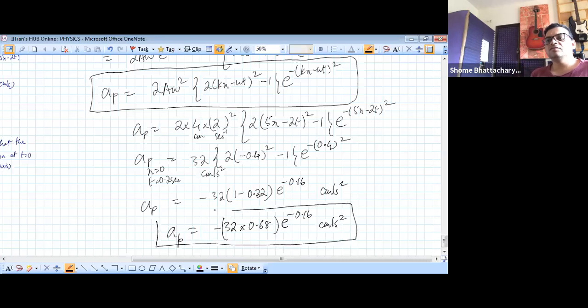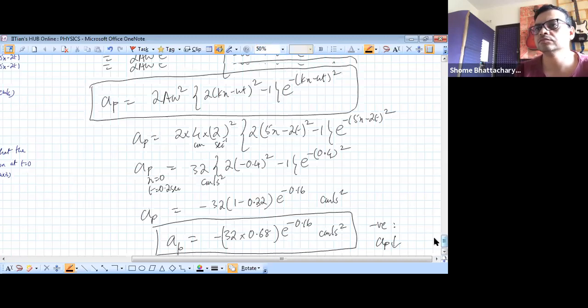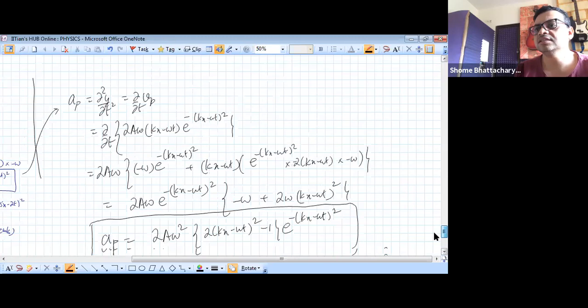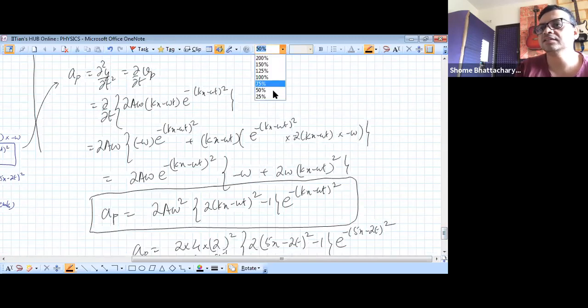And again, the fact that the sign is negative means that the acceleration vector points downwards. So the particle was already moving downwards, so it's also accelerating downwards. That means its speed is increasing as it's coming down. Okay, so this is an example of how we calculate the particle acceleration.